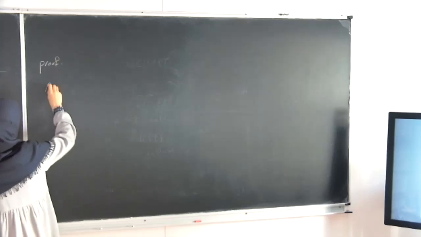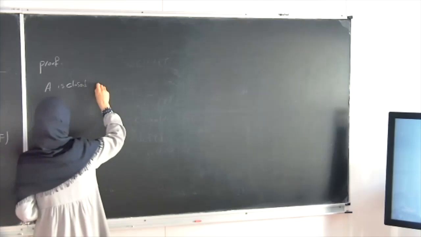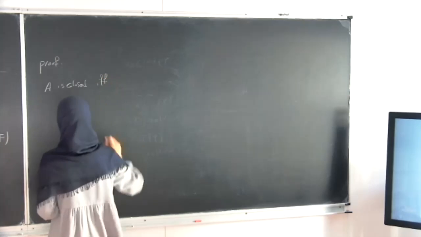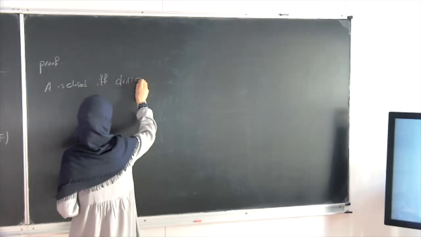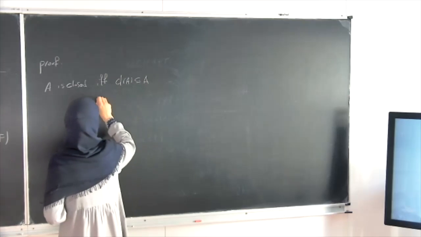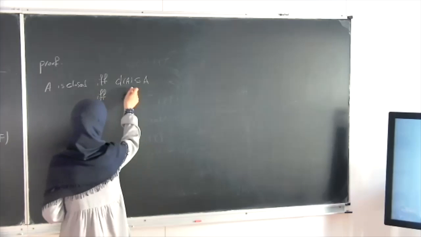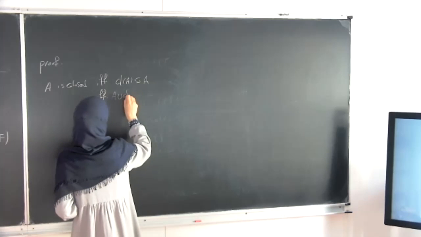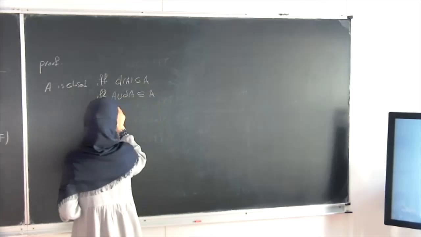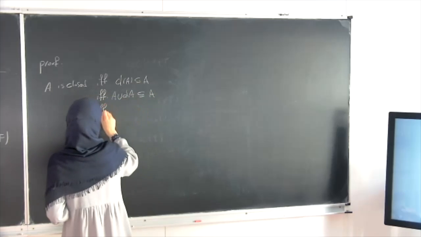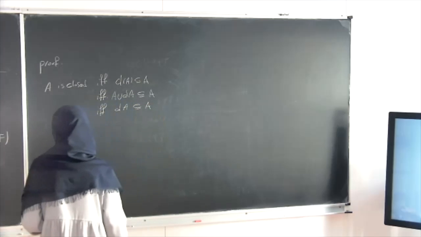First, note that a set A is closed if and only if the closure of A is a subset of A. We know that the closure of A is A union D of A, so this means that D of A is a subset of A.